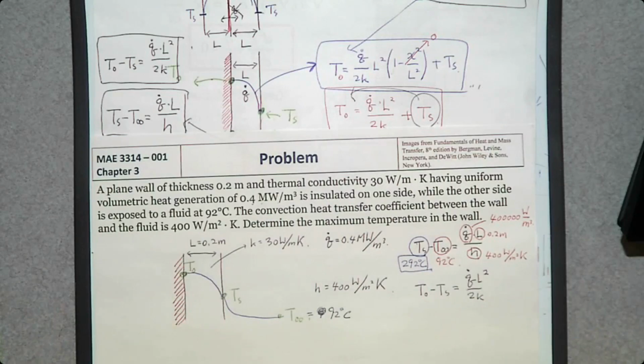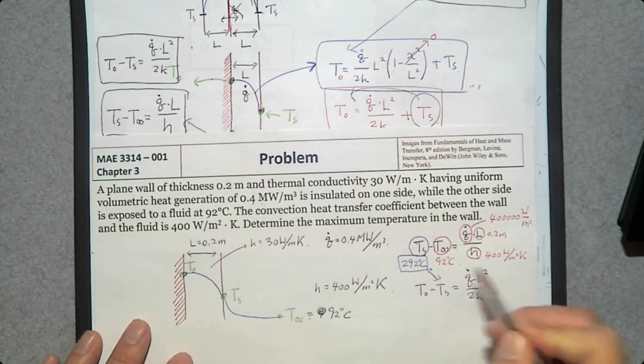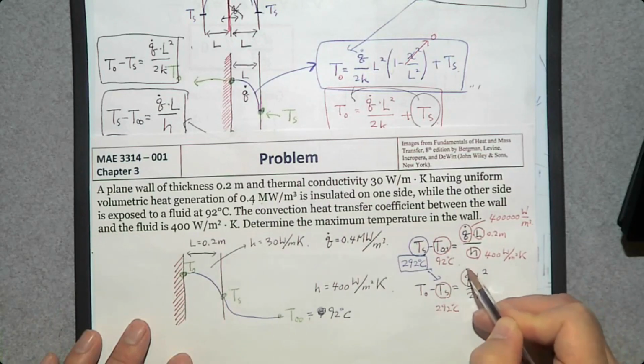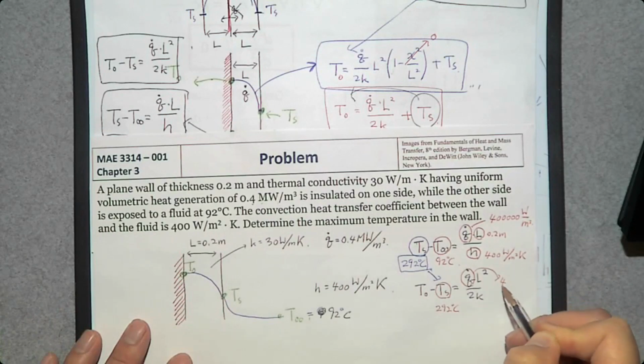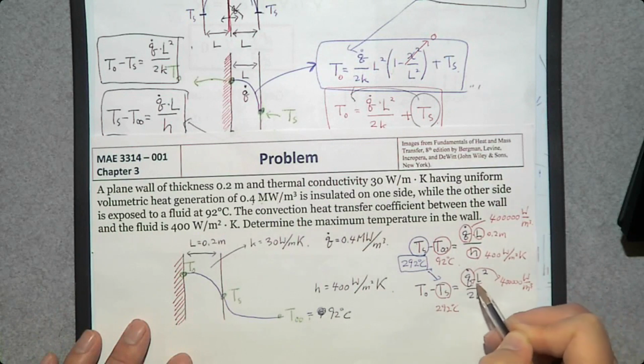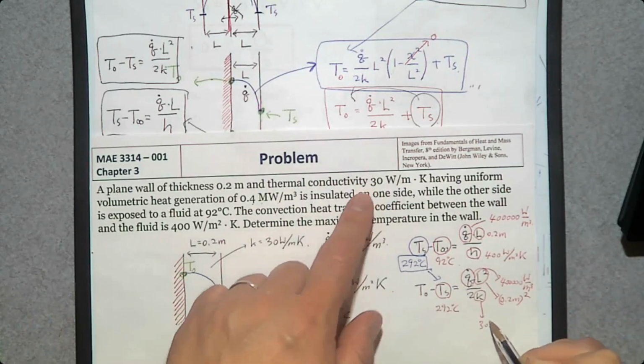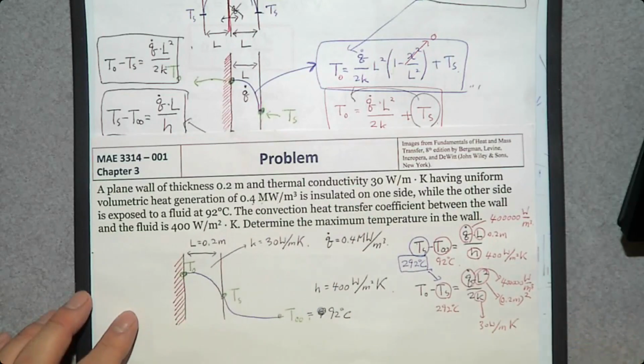Then we can use the second equation. From this, we learned the surface temperature is 292 degrees Celsius, and Q dot is 400,000 watt per cubic meter, and the length is 0.2 meter squared, and thermal conductivity is 30 watt per meter Kelvin.